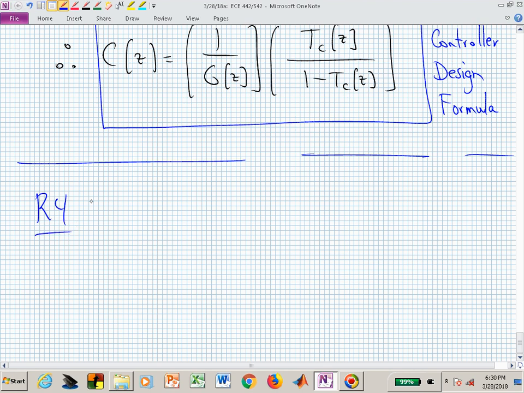And restriction 4 is dealing with steady state behavior or steady state accuracy. Or if I put in a constant, what's the output? The difference would be my error signal.